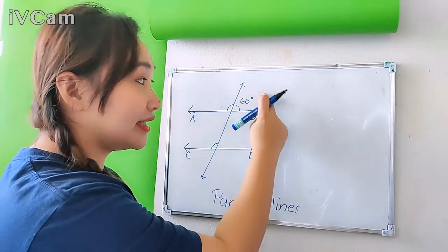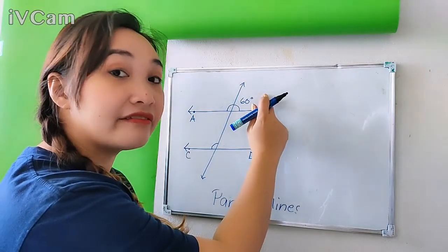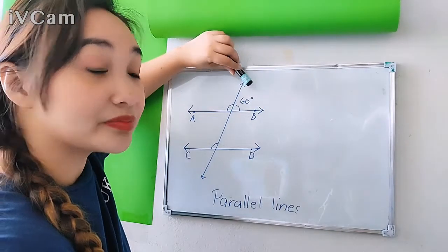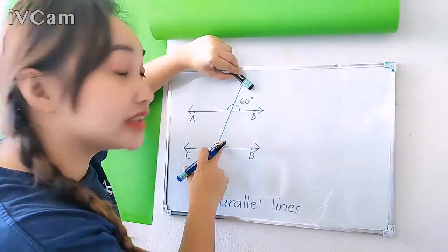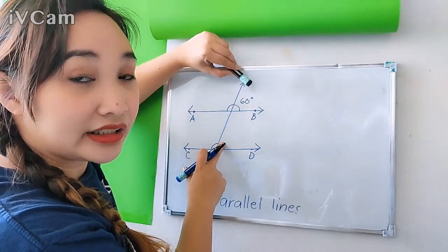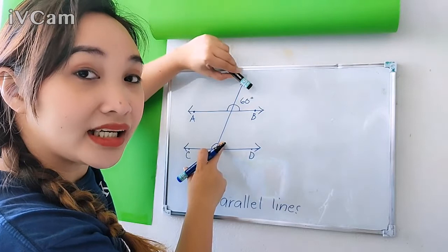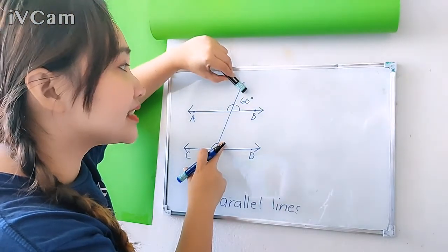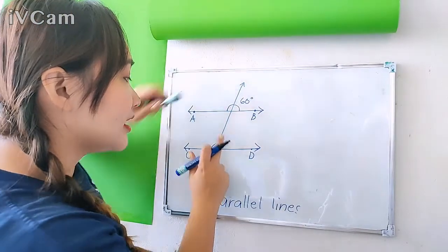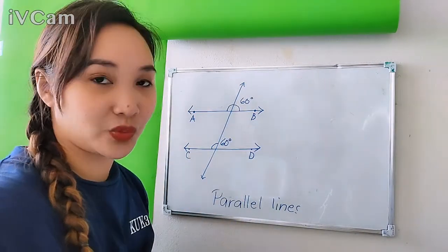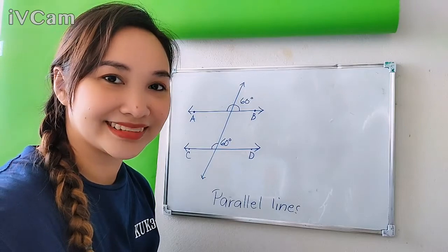This angle has the same size as this angle. They are equal because they are corresponding angles. So if this is a 60-degree angle, therefore this angle here is equal to 60 degrees as well. Okay, so next.